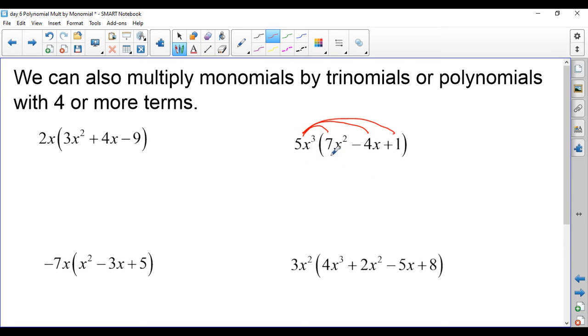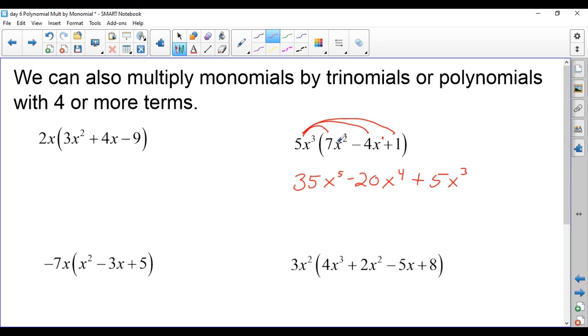I multiply the 5x cubed times the 7x squared. I get 35. I add my exponents to get x to the 5th. 5 times minus 4 is minus 20. X cubed times x to the 1st becomes x to the 4th. And then 5x cubed times 1 is still 5x cubed.